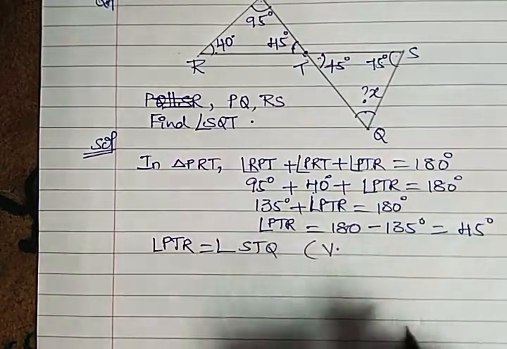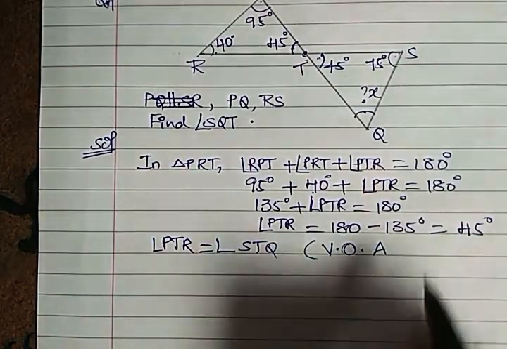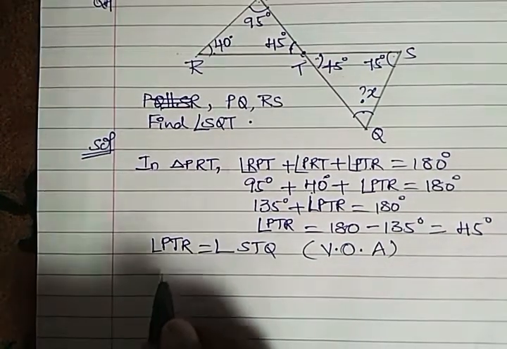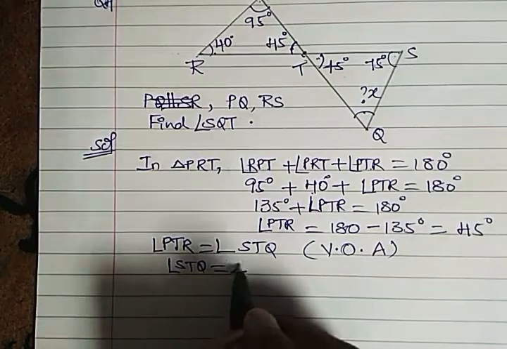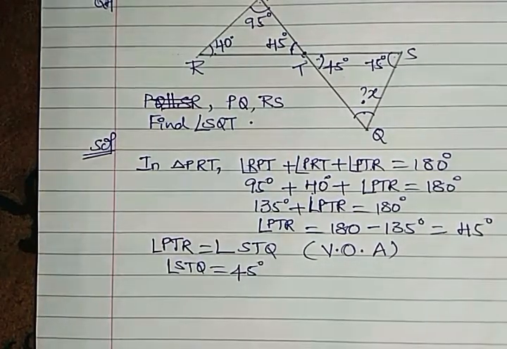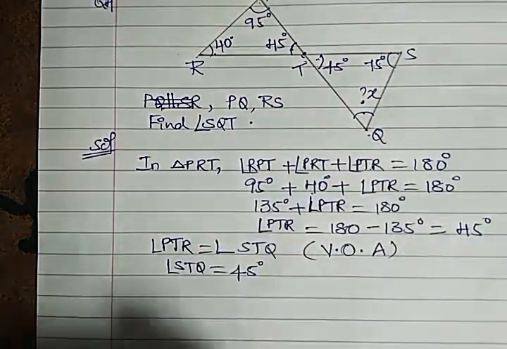Vertically opposite angles, right? Therefore angle STQ is equal to 45 degrees. Now what do we require? The angle at Q. So again we will consider this triangle.